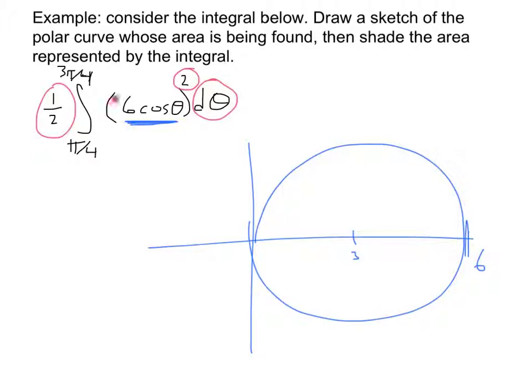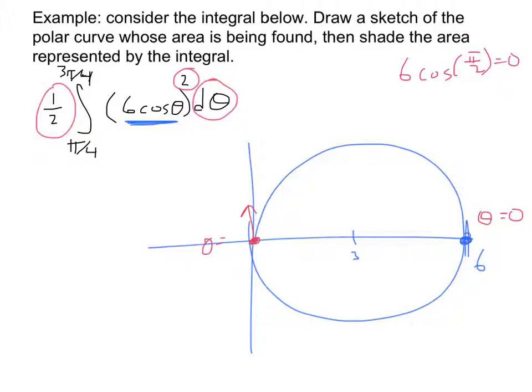If we evaluate 6 cosine theta for an angle of 0, the value we get is 6, so this point over here corresponds to theta equals 0. If we try another value like pi over 2, 6 times the cosine of pi over 2 is 0, so when I'm at an angle of pi over 2, I'm looking at a point at 0.